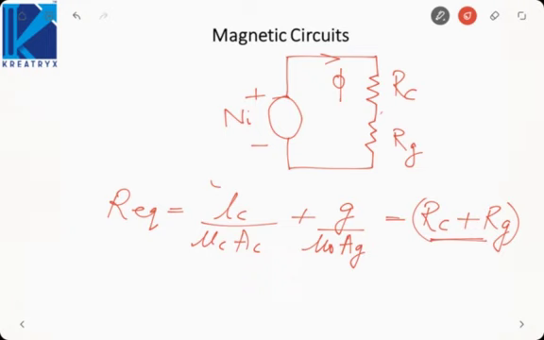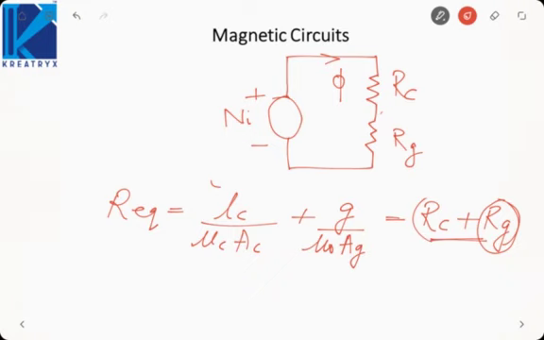Now see what happens. While we have introduced the air gap, we have an additional reluctance Rg. That means by introduction of the air gap, reluctance of the magnetic path increases. So in whatever machines we will be studying, whenever there is an air gap between the stator and the rotor, it implies that the reluctance of the magnetic path increases.